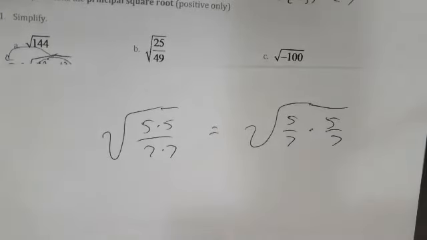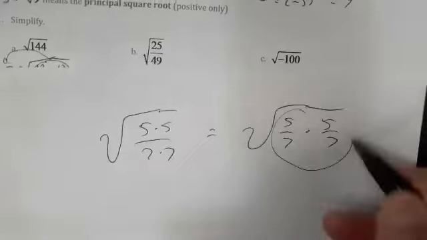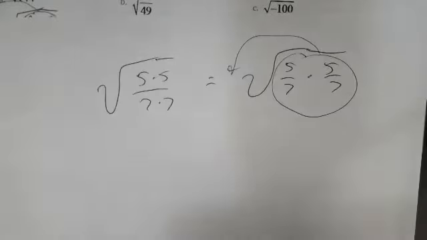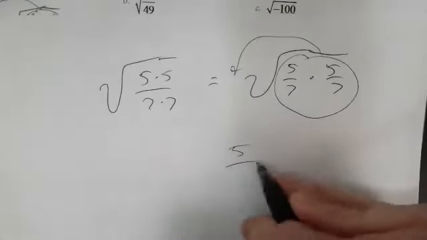Multiplying fractions, I could break them up into 2 separate fractions if I wanted to. And you might notice you have 2 of the same thing under the square root. So I have 2 of them, and they're going to come out as 1. Pairs get to come out. 5/7.